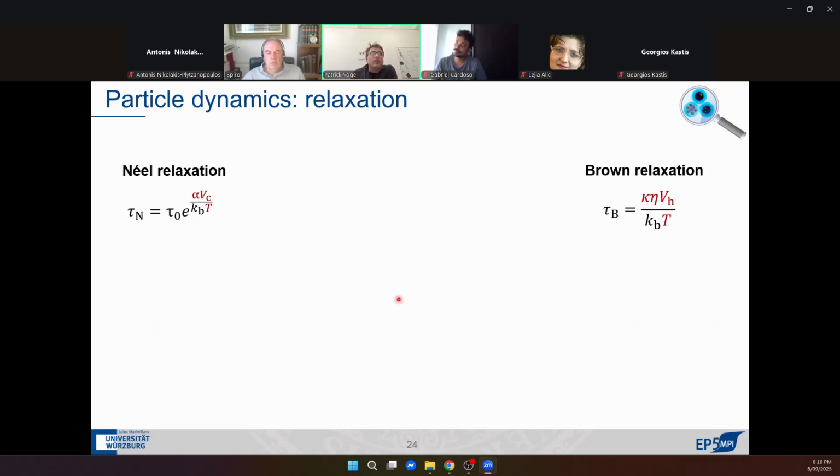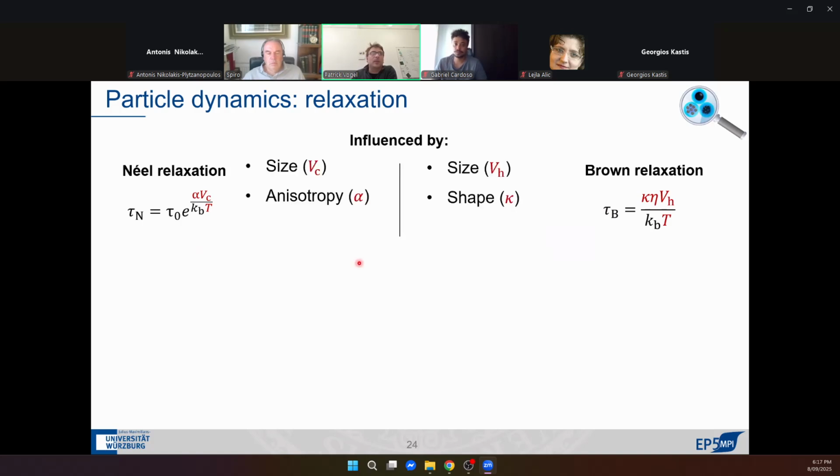And when you have a look at the formulas for the different relaxation effects, you can see that a lot of parameters have influence on these timings. For example, the size, the anisotropy, or the shape of the particle.